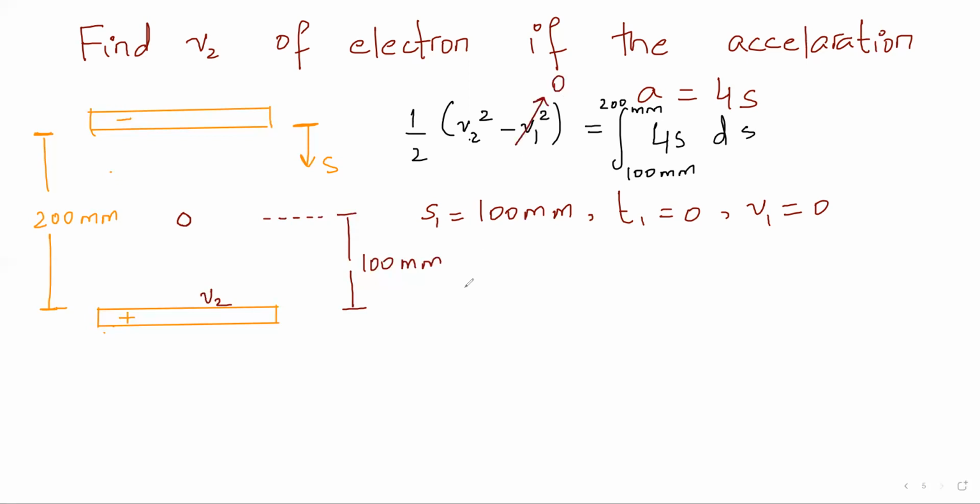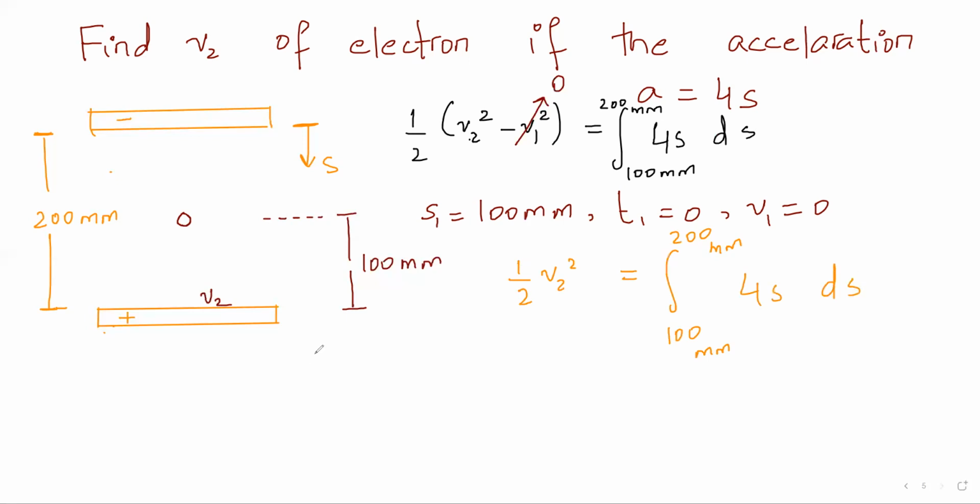V1 square is a goner. I have 1 over 2 V2 square equals the integral from 100 to 200 mm of 4S ds.